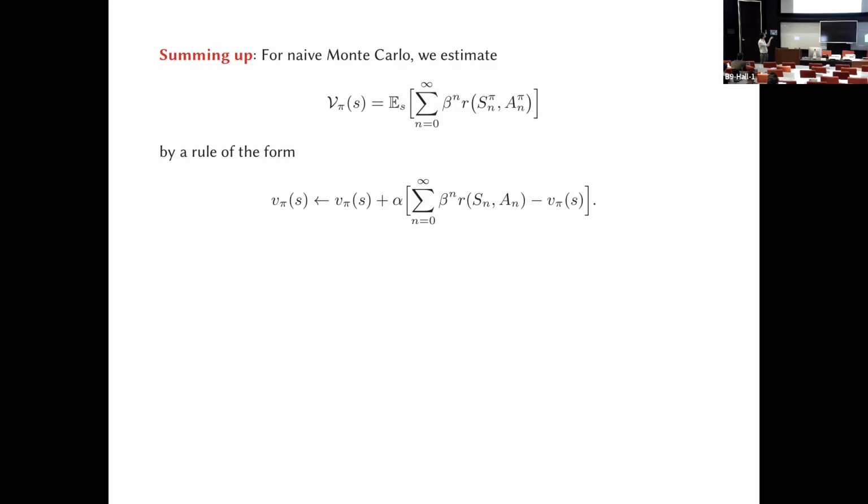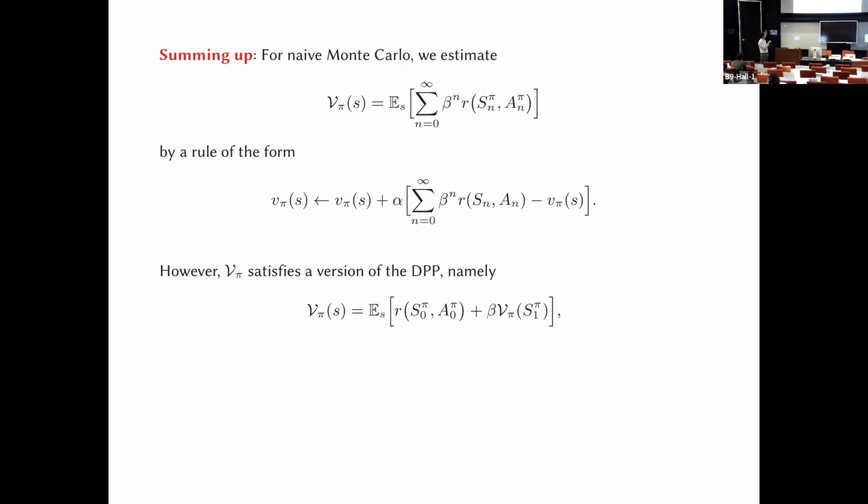We do have other representations of v pi. For example, we have some kind of a dynamic programming principle also for v pi. You can think of, well, what's the total expected reward that I get for a fixed policy pi? Well, I get this reward, and then I discount whatever I get in the next state.